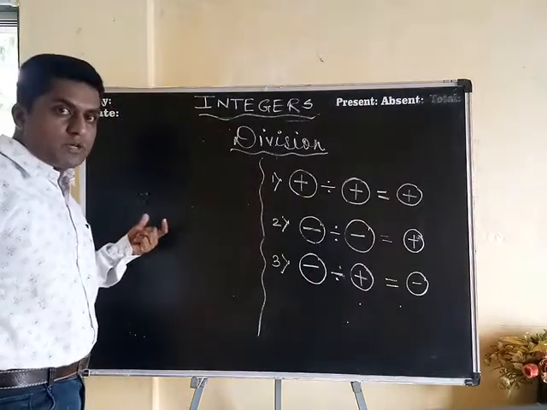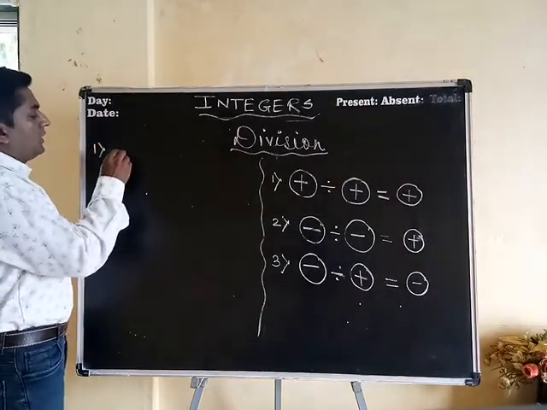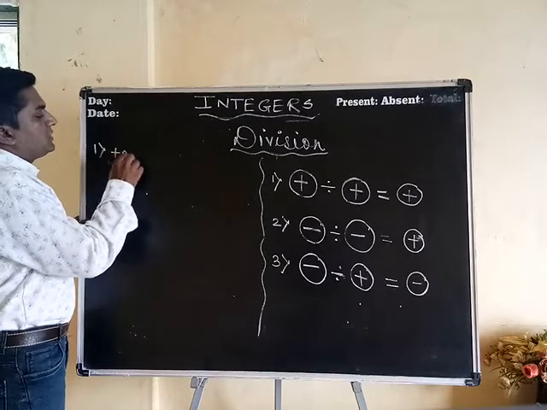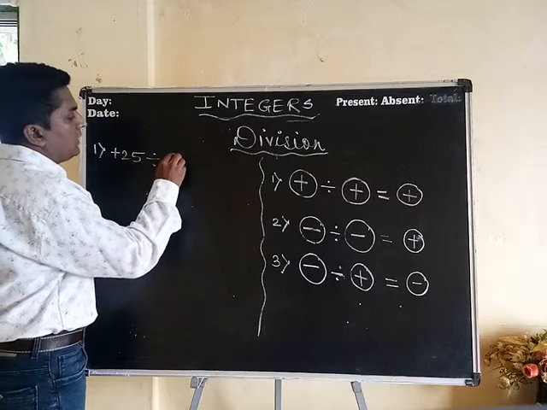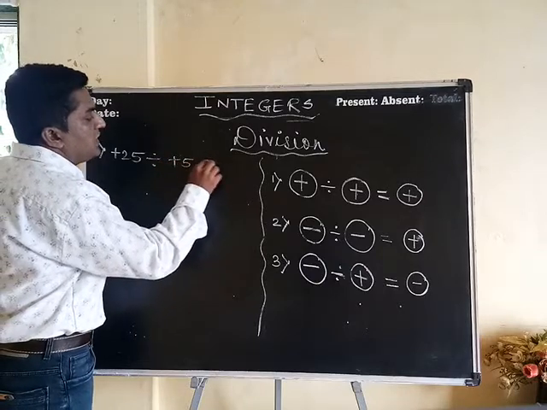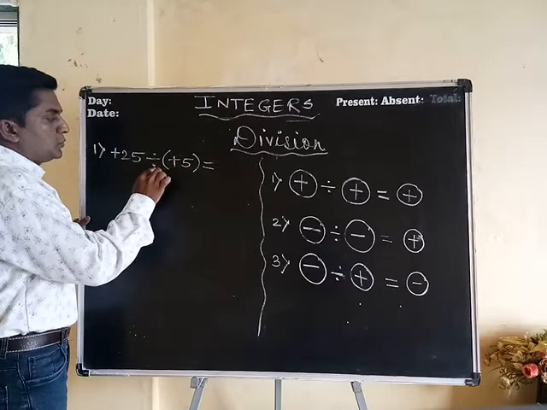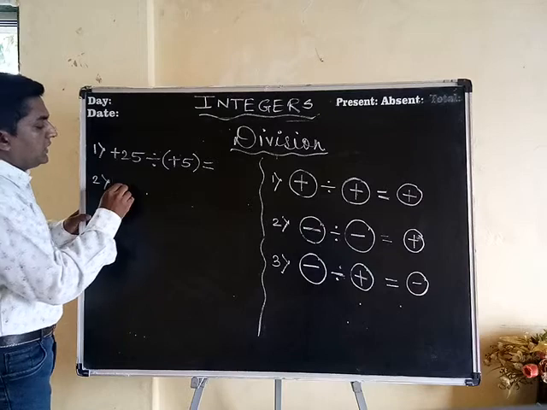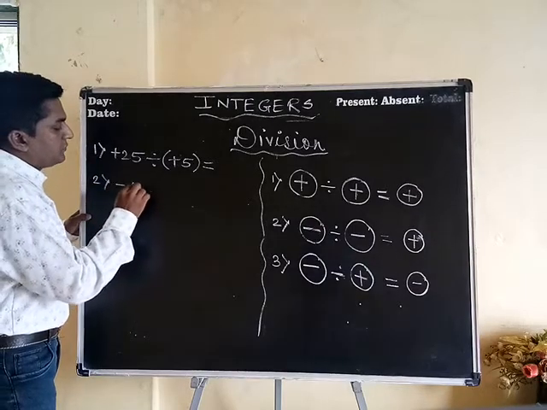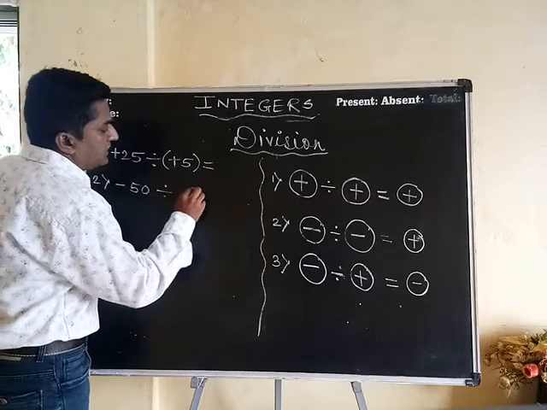I am going to solve some sums. My first sum starts here, and that is: positive 25 is divided by positive 5 is equal to, I am putting a bracket to separate these two symbols. My second question will be negative 50 is divided by negative 10.